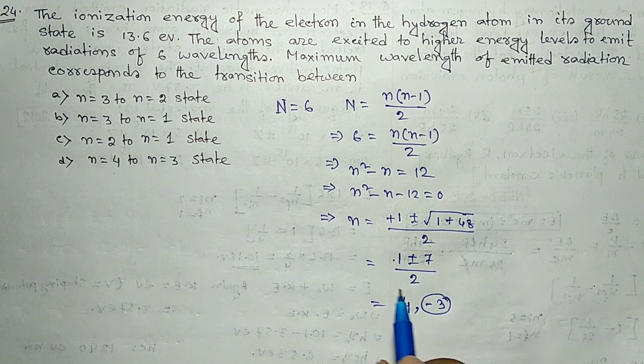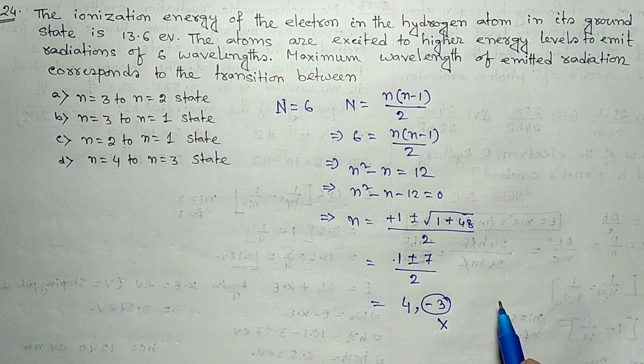The value of n cannot be minus 3. So maximum higher energy level is n equal to 4 here.